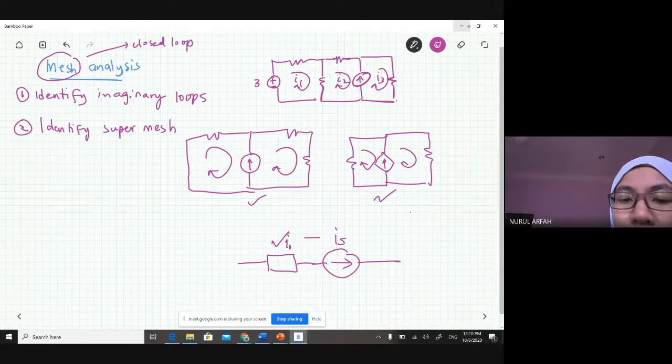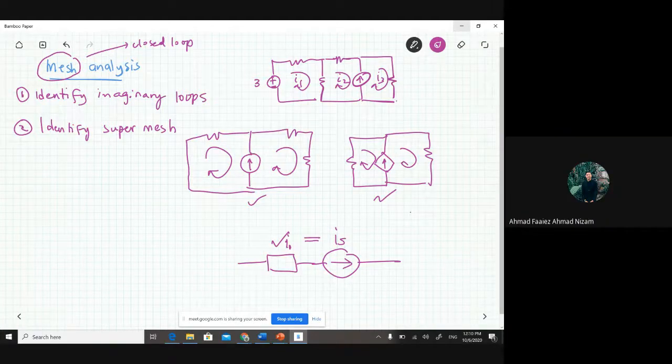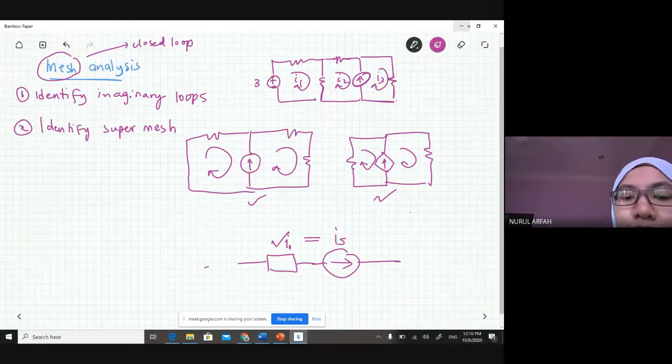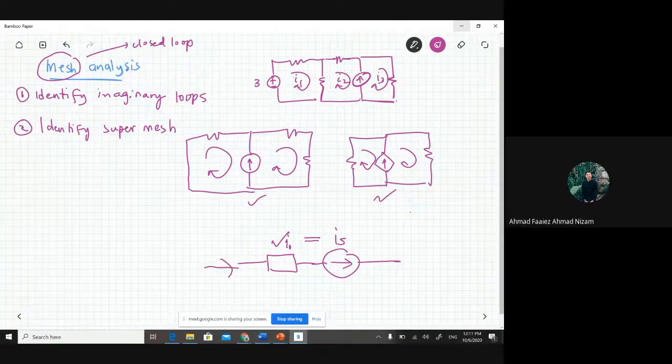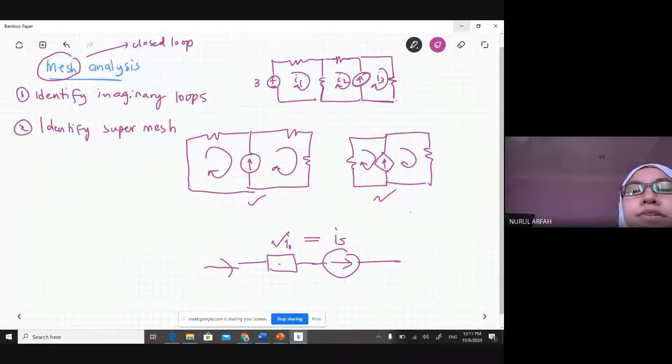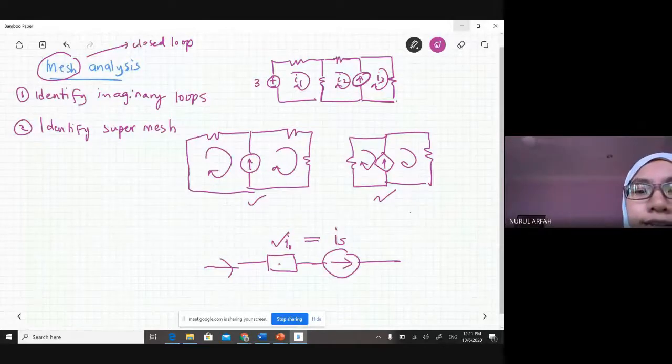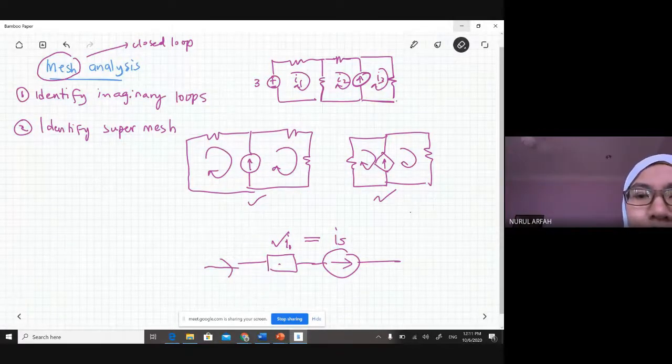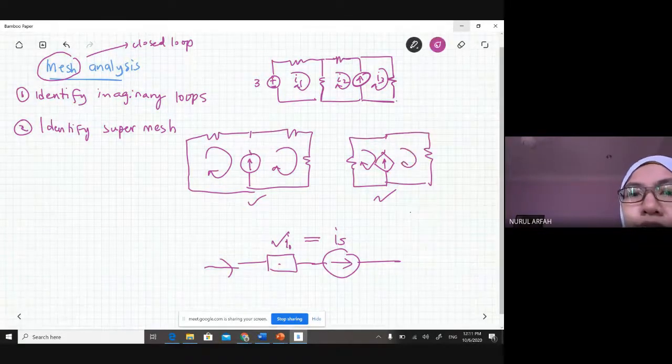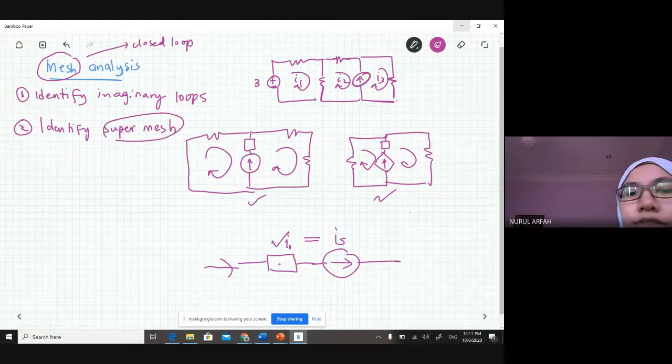Yeah, same current, because the current is flowing from here to here. So basically, if you have a current source in series with some element, you need to include that element in your super mesh.